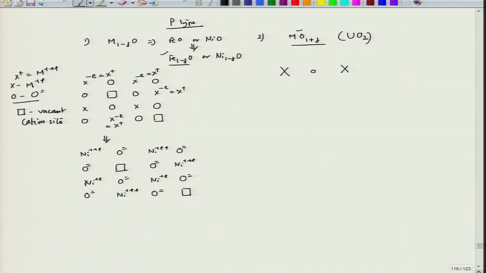We are not taking the actual picture of uranium oxide, but just a hypothetical oxide MO1+δ, with anions and M2+ with reference to this.